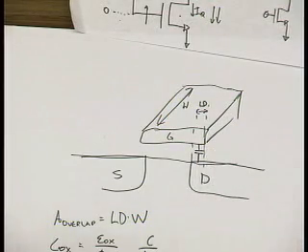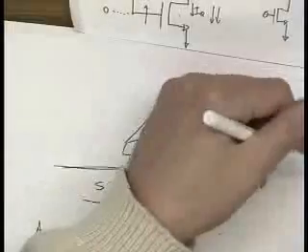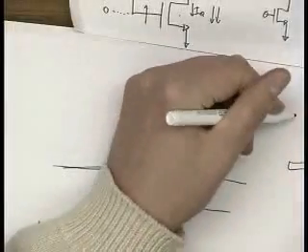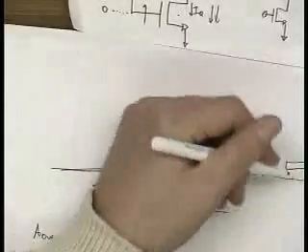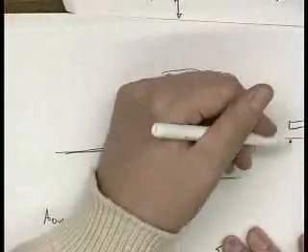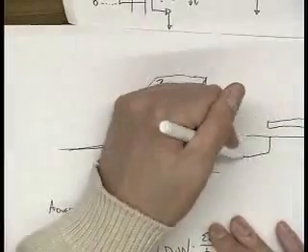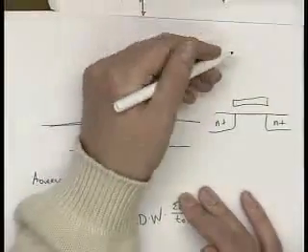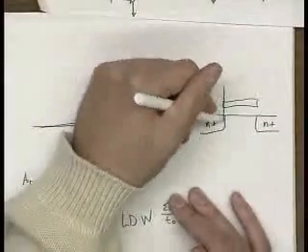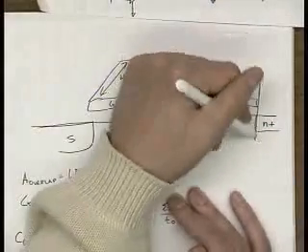And so basically they use a self-alignment procedure. They put the gate down first, and then they bombard the silicon with implant to create an N plus region on each side. Now this is perfectly aligned because they're bombarding at a straight angle.